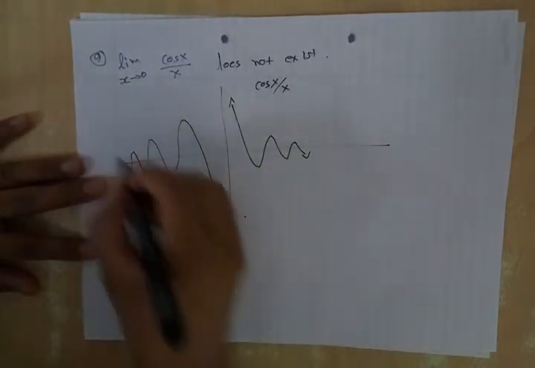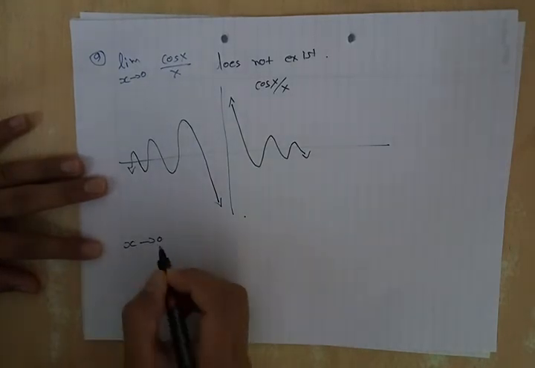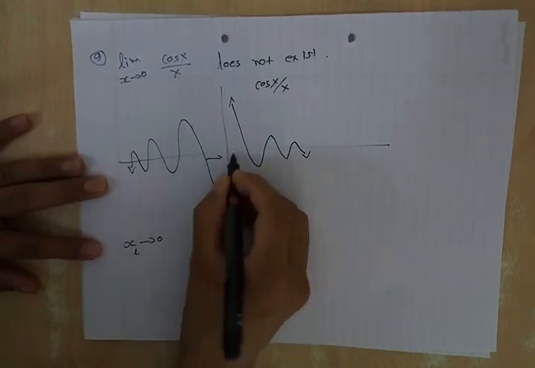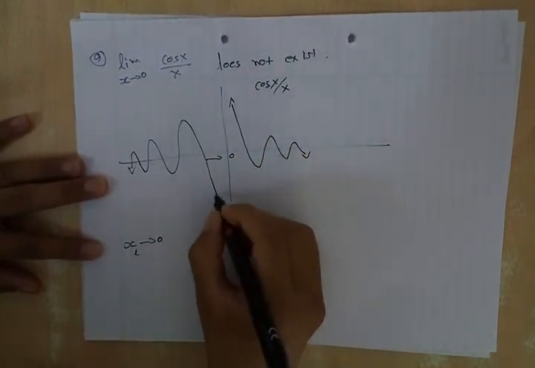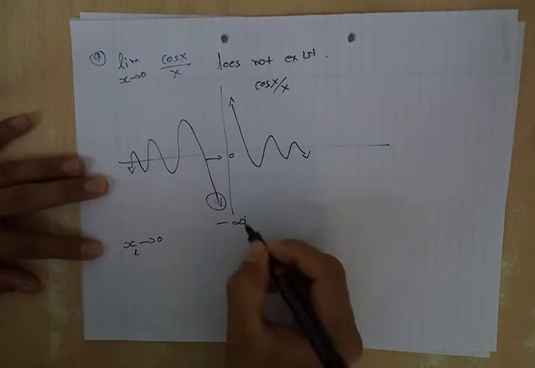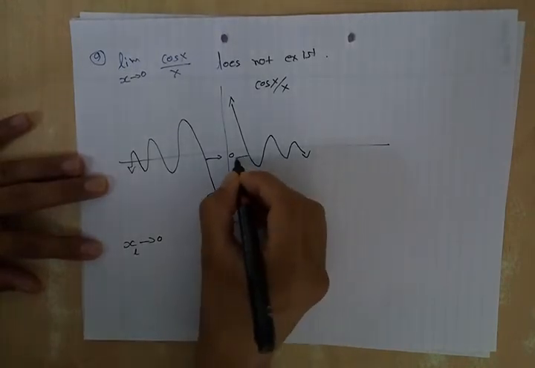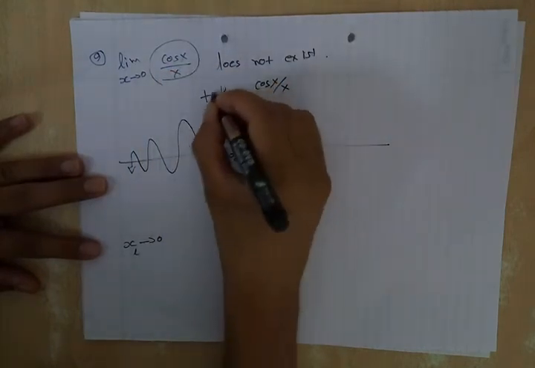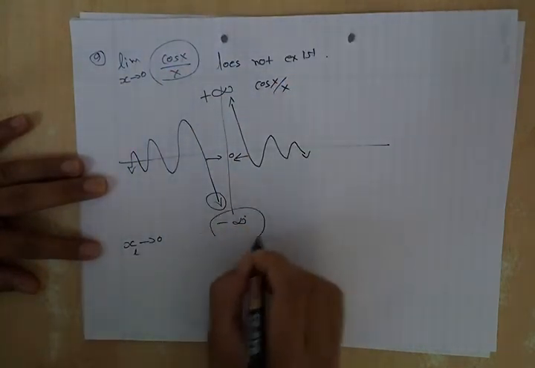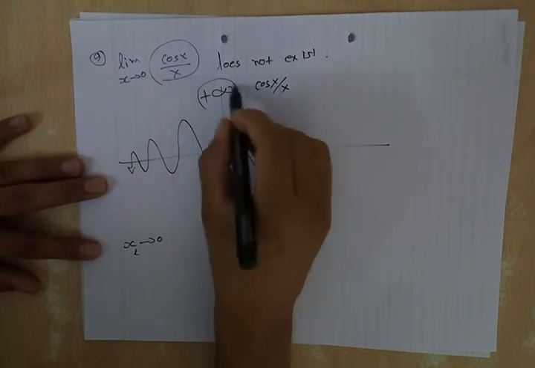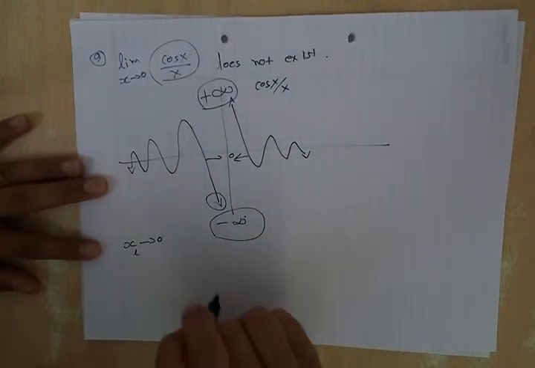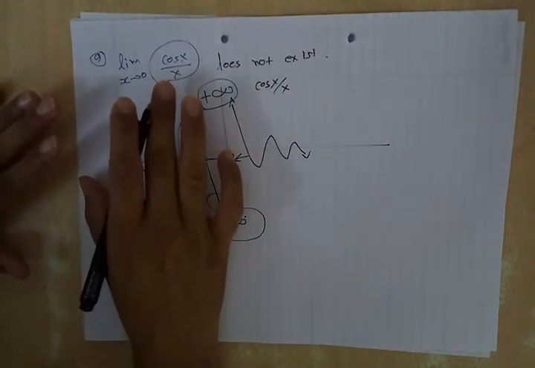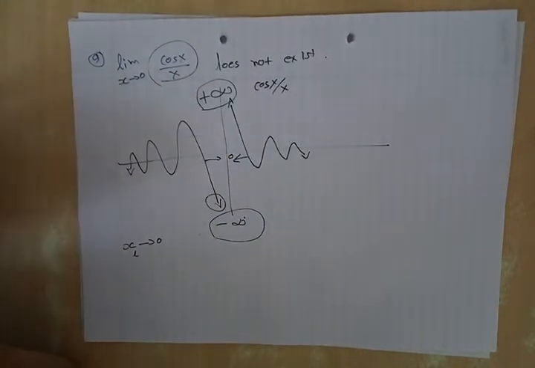As x approaches 0, let us take the left hand side limit first. From the left hand side, as we approach 0, this function will approach -infinity. And from the right hand side, if we approach x is equal to 0, then this function will approach +infinity. So the left hand side limit and right hand side limit are different. Hence the limit of this function is not defined.